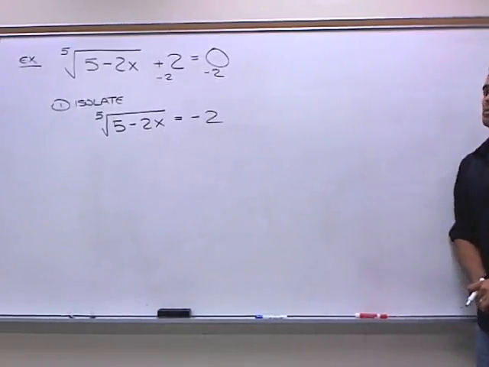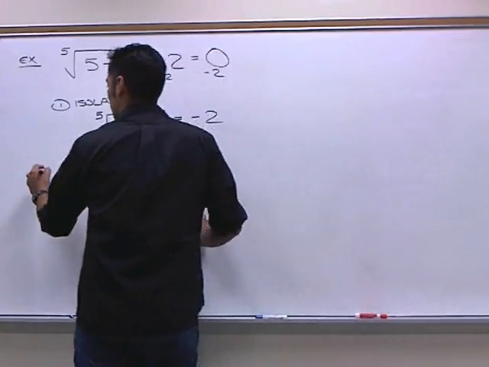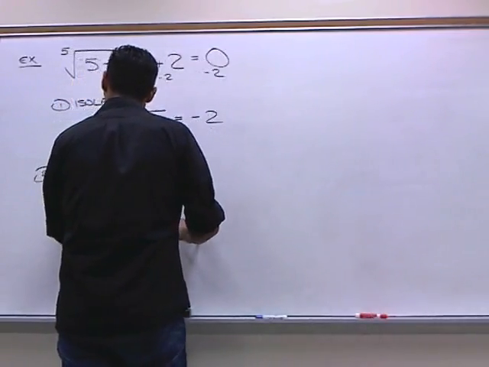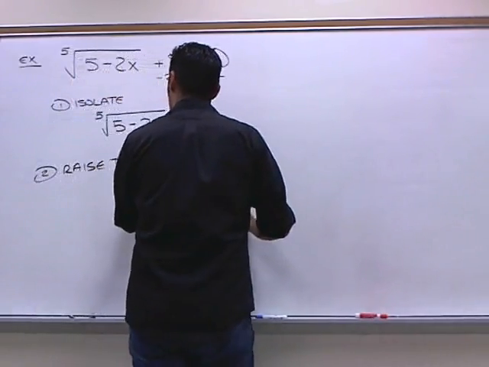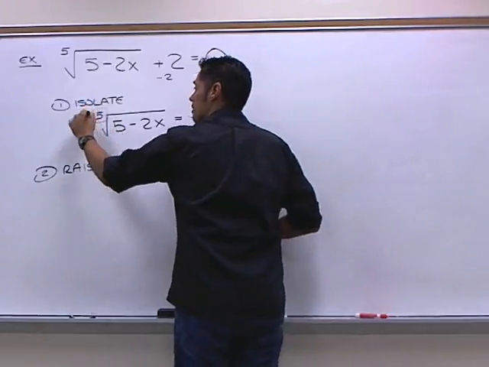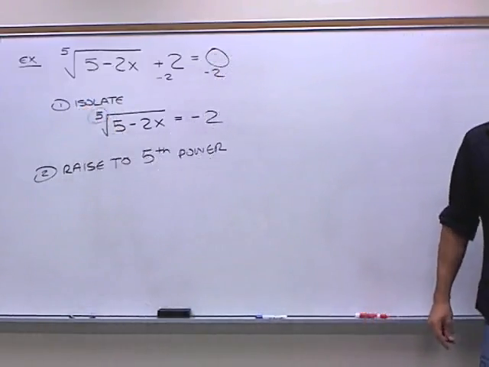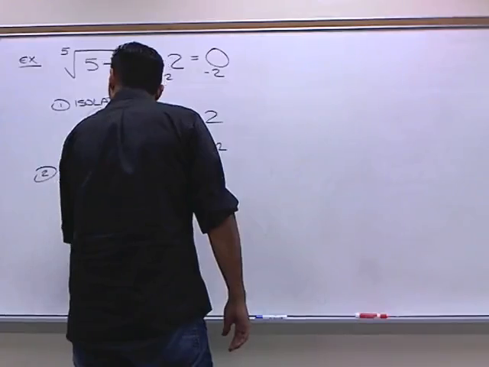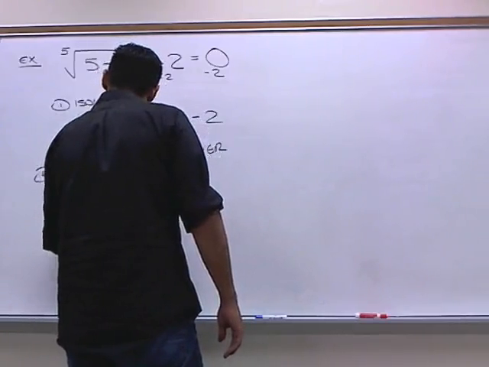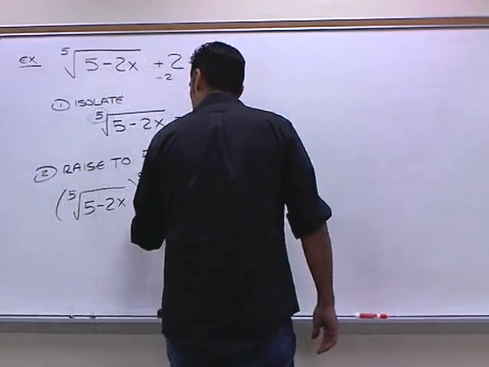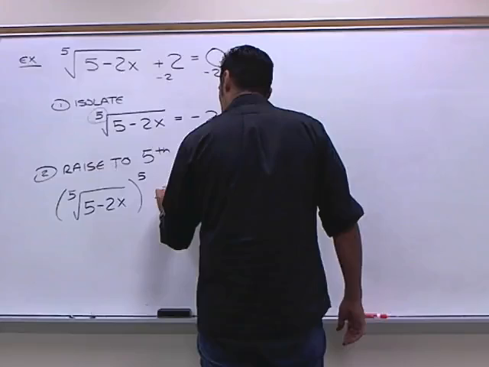Okay, it's isolated. Now what? You raise both sides to the fifth power. And that's always dictated by whatever number was out there, right? So on the left side, when I take the fifth root of 5 minus 2x and raise it to the fifth, I get something.